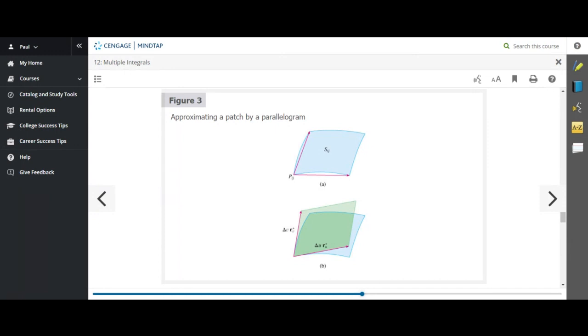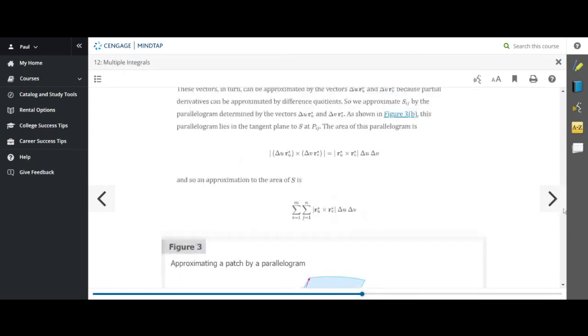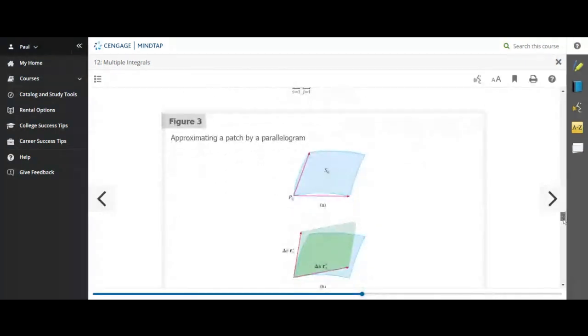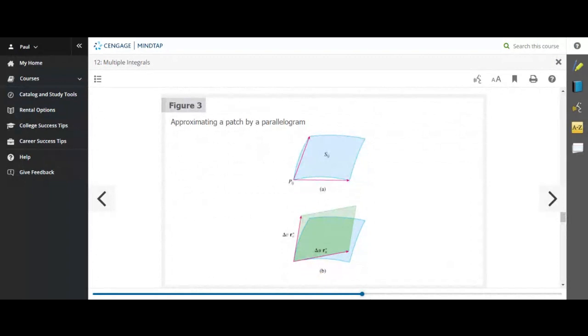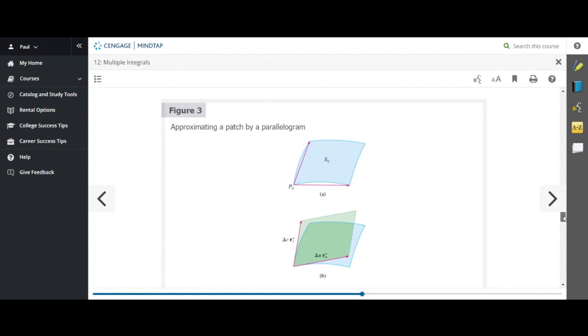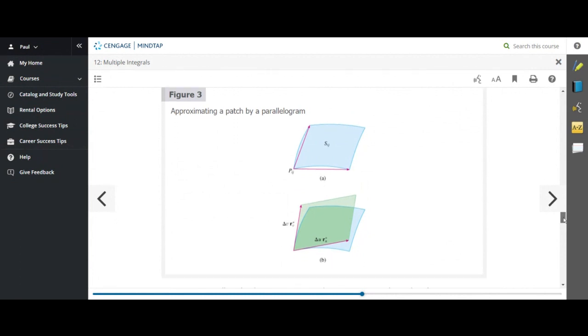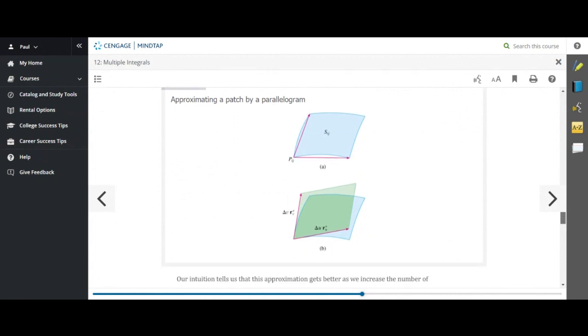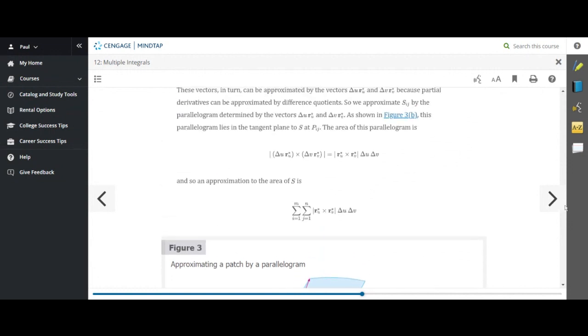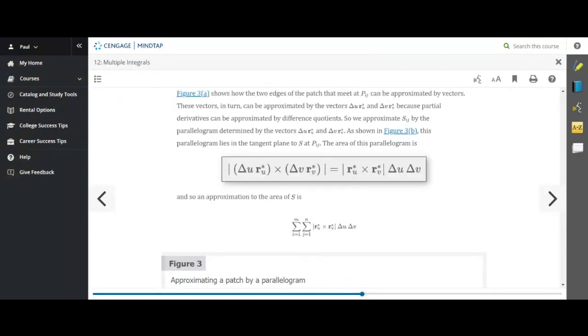All right. So now let's go to here then. What's the area of this patch here, this green patch? Oh, okay, we know what that area is. That patch has sides, vectors delta U r sub U, and delta V r sub V. So the area of the patch is just the absolute value of the cross product of those side vectors.